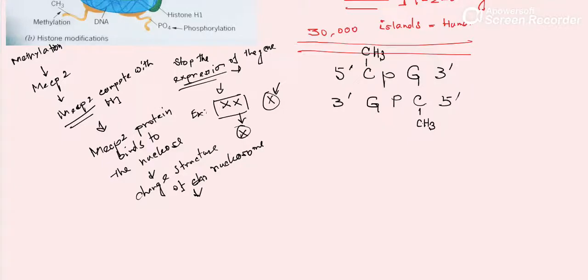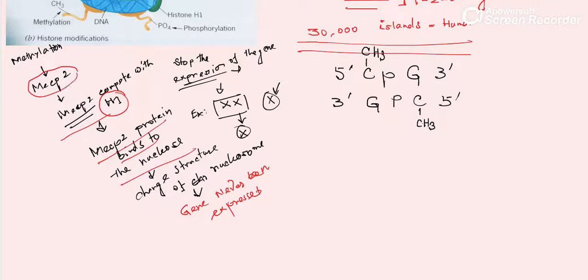So the gene is never expressed. It competes with H1, and if it wins and binds with the nucleosome, it will never express the gene; it will stop the expression of the gene.